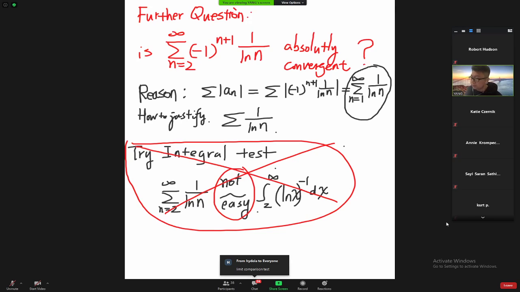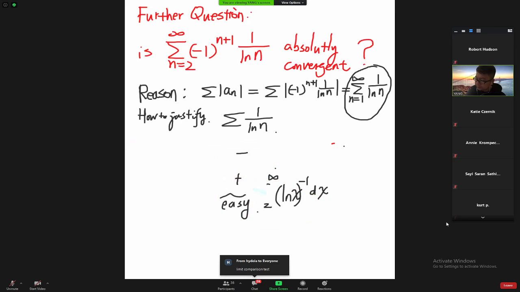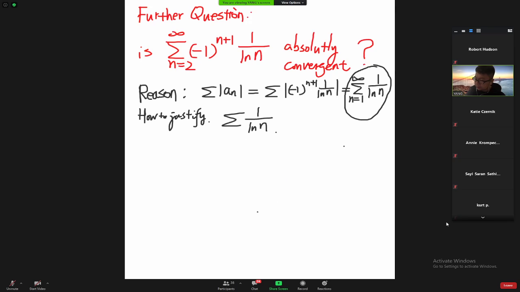Which one do you want to compare? If you want to do limit comparison, you have to compare with something. How do you compare? Any suggestion?